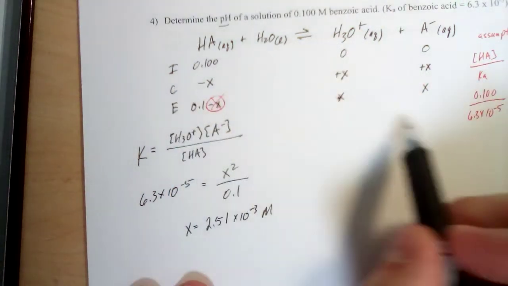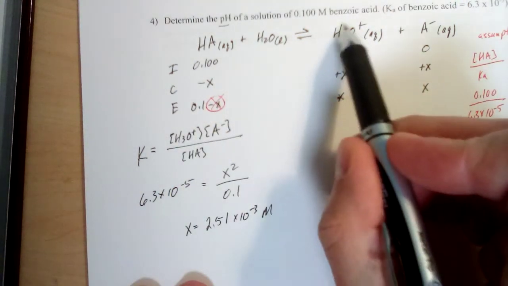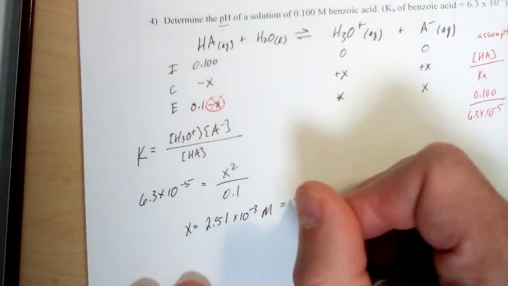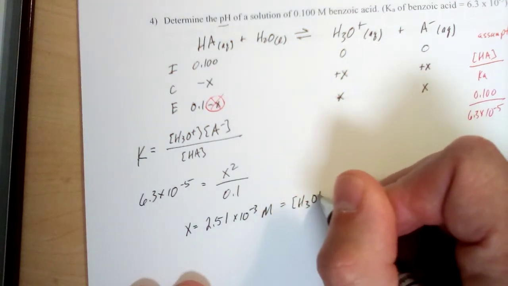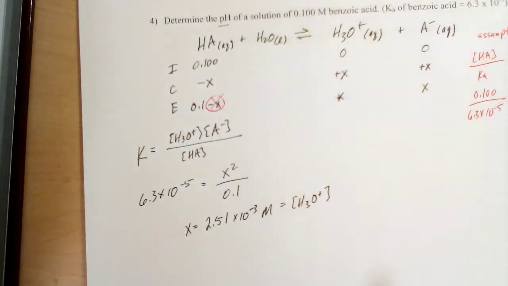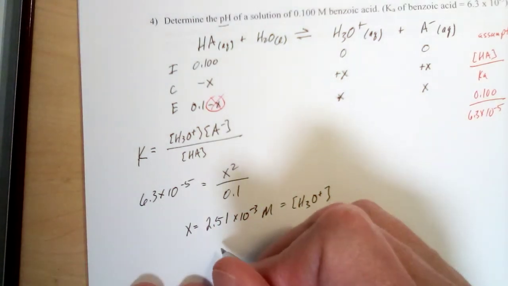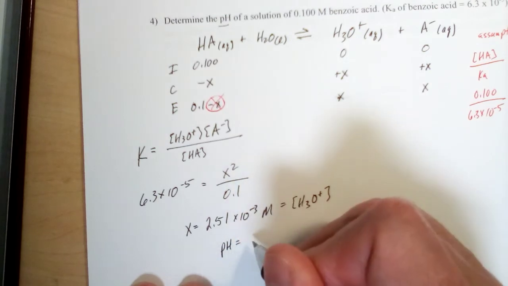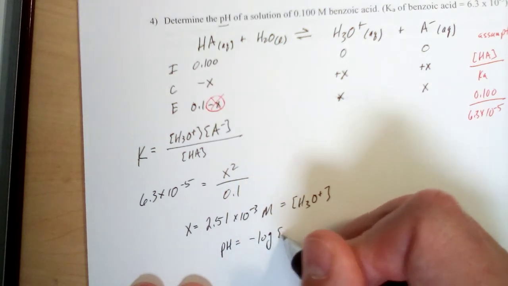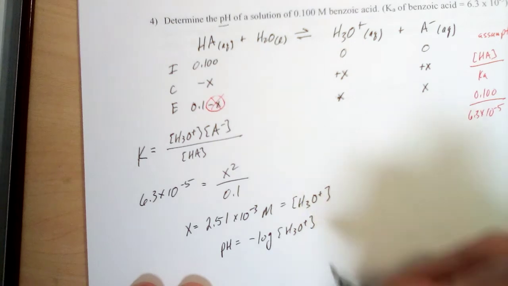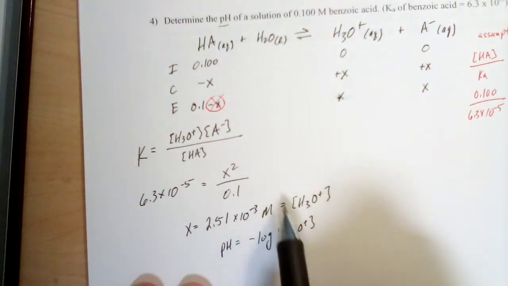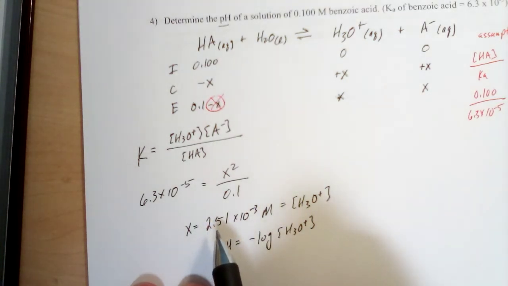Now, back in our ice chart, that's what we called the hydronium ion concentration, right? In addition to the concentration of the conjugate base. But hydronium ion concentration, again, is what relates more closely to pH. So if the hydronium ion concentration is 2.5 times 10 to the minus third, and the way we define pH is that it's the negative log of the hydronium ion concentration, all we need to do is take the negative log of our answer there for what was the value of x, and that will be the pH.